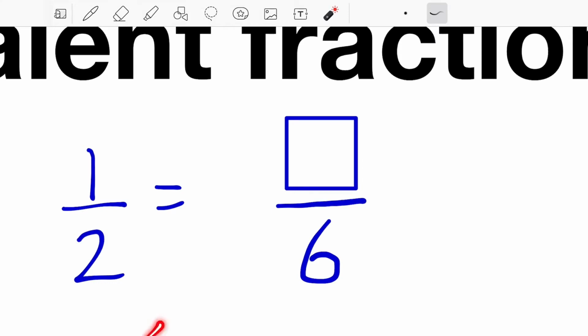So it's one out of 2 things we do with equivalent fractions. It's either we are going to multiply or divide. So in order to go from a small number to a bigger number, we must multiply. But multiply by how much? 2 times what will give you 6? 2 times 3 is equal to 6. So whatever we do with the numerator or denominator, we must do with the other.